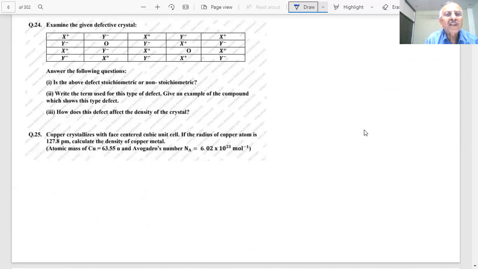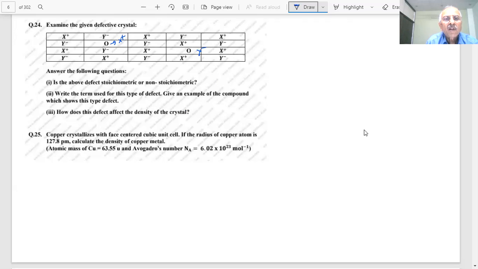Examine the given defective crystal. In the above defect, is it a stoichiometric or non-stoichiometric defect? It is a stoichiometric defect. What is missing? In the second line X plus is missing and in the third line Y minus is missing.